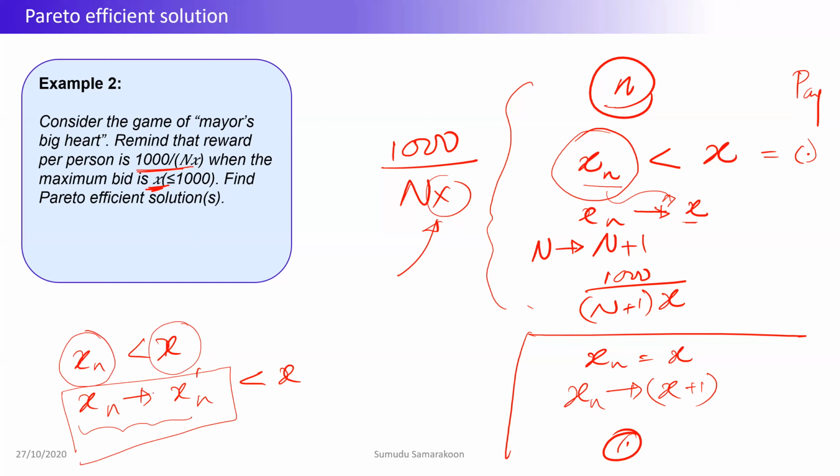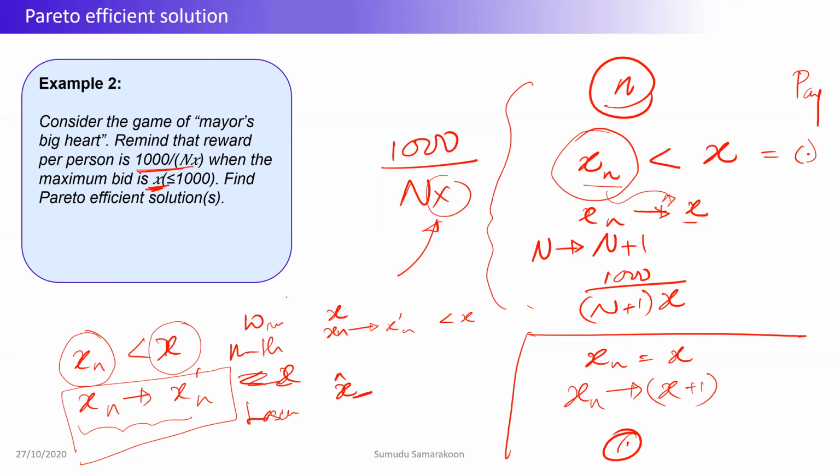So in this scenario, the winners have picked x, the nth player has xn, and some other losers have, let's say, x hat minus. Now what we did, we changed this xn to xn dash, which is still less than x, and overall payoffs have not changed.